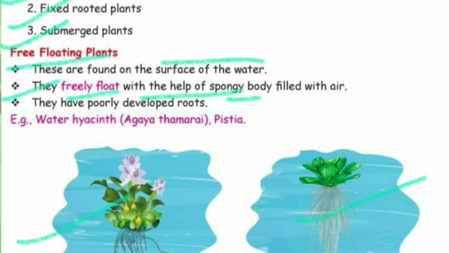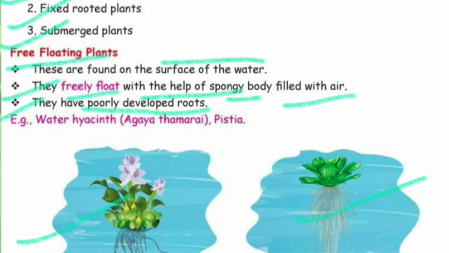That's why they float on the surface of the water. The third point is they have poorly developed roots. Their roots are not very strong and are not fixed in the mud of the water bodies, so they float from one place to another because their roots are not fully grown.